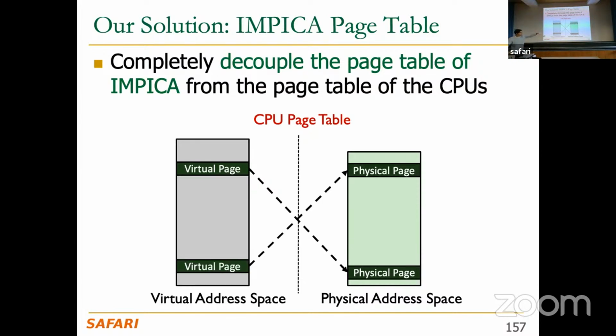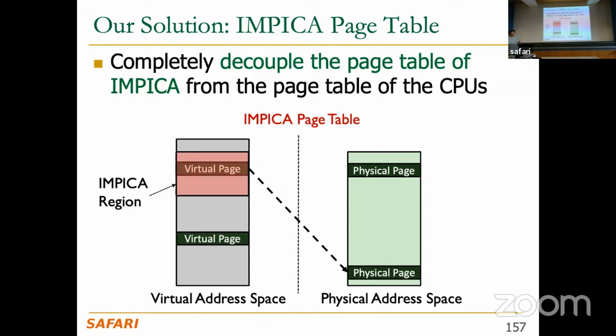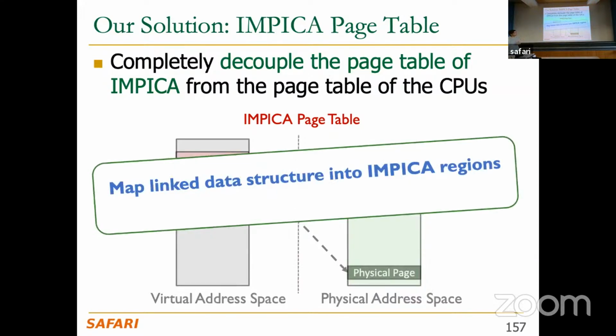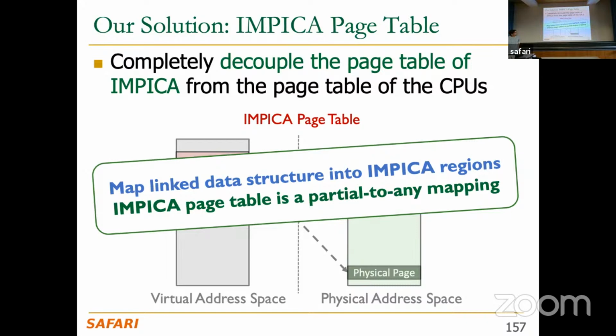These are two different page tables. They are located in different places in memory. The Empika page table is going to be a reserved region of the virtual memory address space, and all the pages that are going to be used by the Empika accelerator are going to be in this region. And this way, this Empika page table is much smaller than a regular page table, and actually doesn't have multiple levels as we have seen earlier. It has faster access and low overhead access, right?